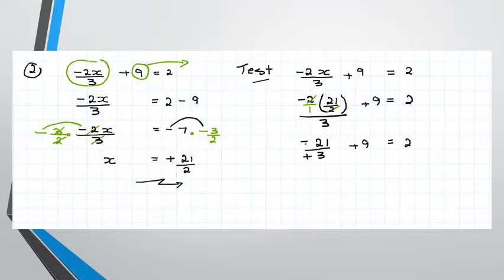So a minus divided by a plus is a minus. 21 divided by 3 is 7 plus the 9 equals 2. Then minus 7 plus 9 is then plus 2 equals 2. Again, my left hand side equals my right hand side. So my answer has to be correct.